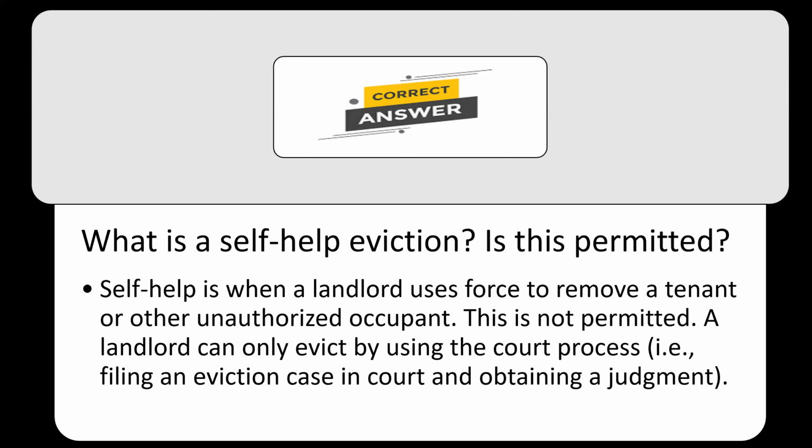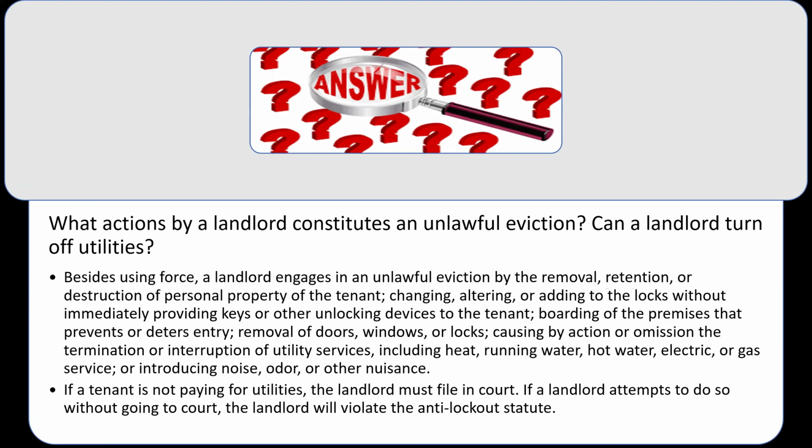What actions by a landlord constitute an unlawful eviction? Can a landlord turn off utilities? Besides using force, a landlord engages in unlawful eviction by removing, retaining, or destroying personal property of the tenant, changing locks, altering locks, adding locks without immediately providing keys or unlocking devices to the tenant, boarding up the premises, preventing or blocking entry, removing doors, windows, or locks, causing by action or omission termination of service or interruption of utility services, including heat, running water, hot water, electric, gas service, or introducing noise, odor, or other nuisance.